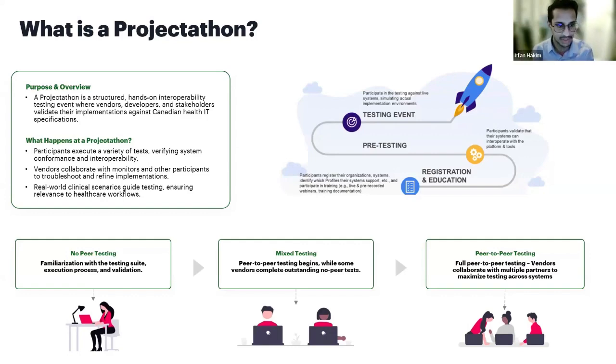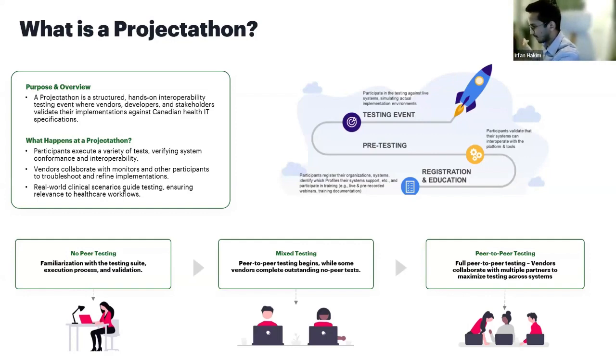After that, you can do mixed testing, which involves peer-to-peer testing sometimes. Vendor one tests against our synthetic clinical data set, and that's approved, and then if they've successfully passed that, they do testing with a middle system.